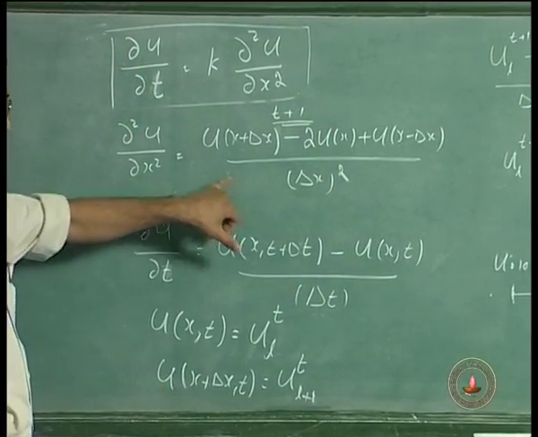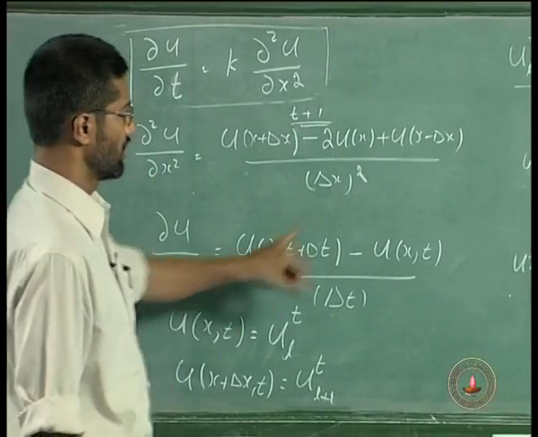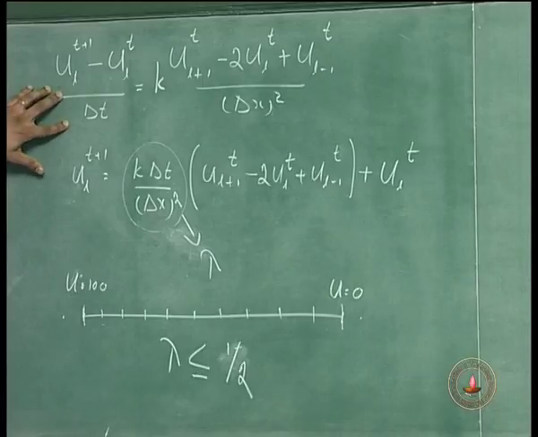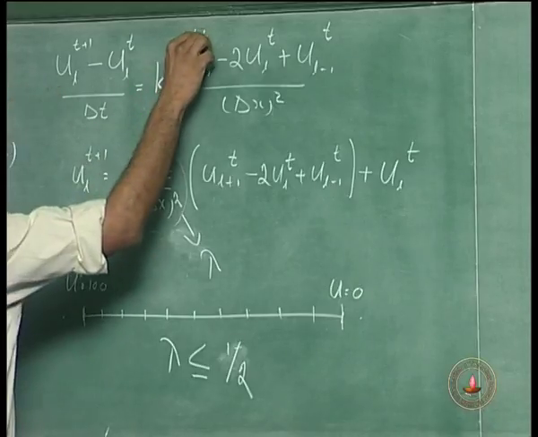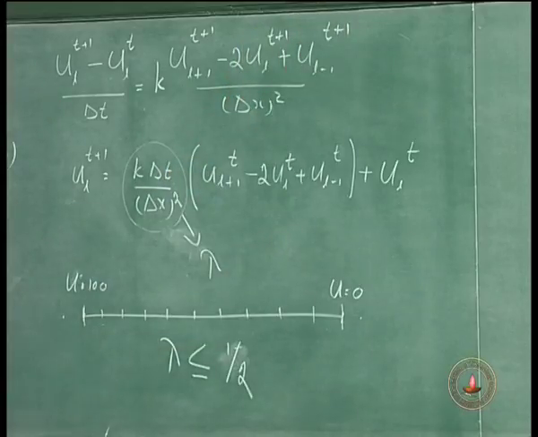That means that when you write the discrete form of the heat equation, all these derivatives are taken at time t plus 1. Obviously the earlier formula will not work anymore.